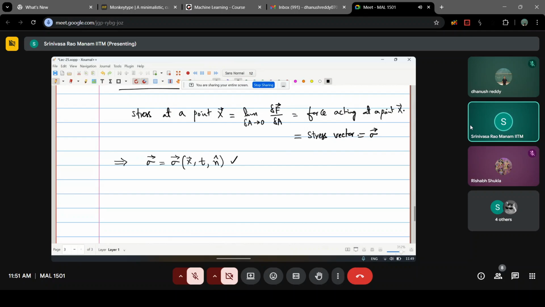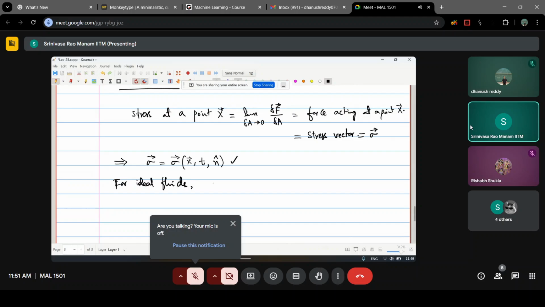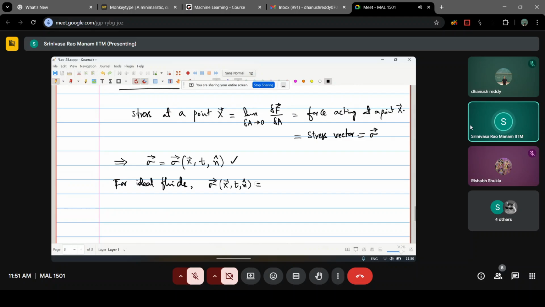Okay, stress vector. So for inviscid fluids or ideal fluids, sigma of x bar, t, n cap is equal to minus pressure into n cap.